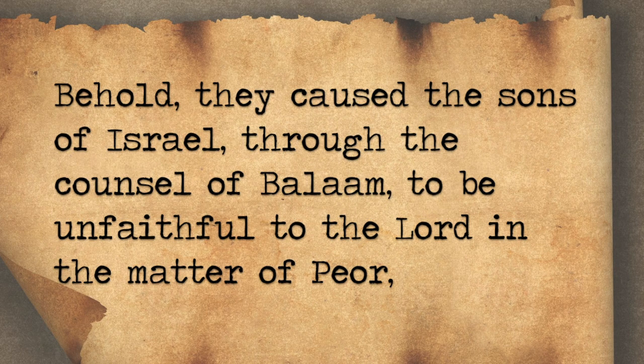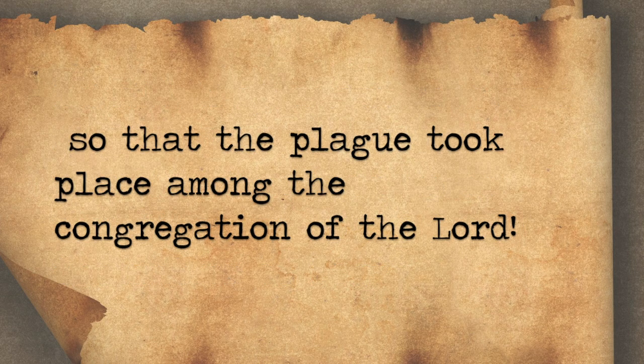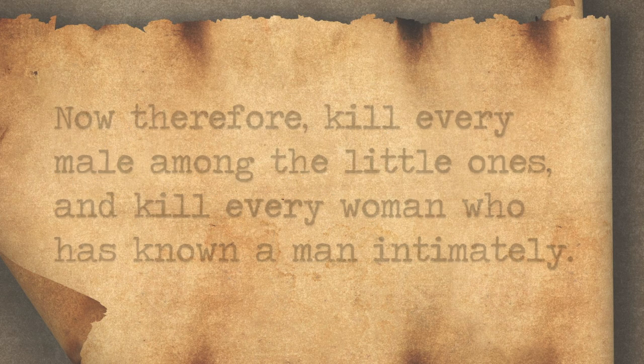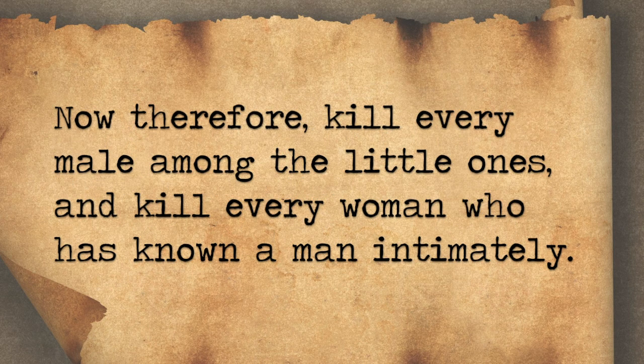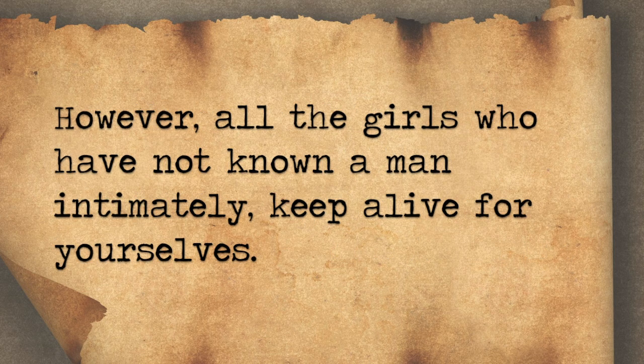Behold, they caused the sons of Israel, through the counsel of Balaam, to be unfaithful to the Lord in the matter of Peor, so that the plague took place among the congregation of the Lord. Now therefore, kill every male among the children and every woman who has known man intimately. However, all the girls, all the young women who have not known a man intimately, keep alive for yourselves.'"